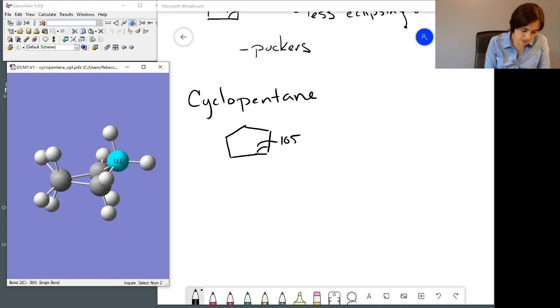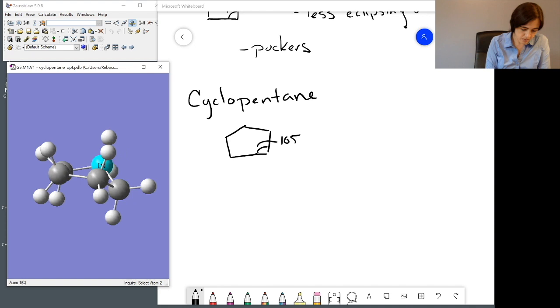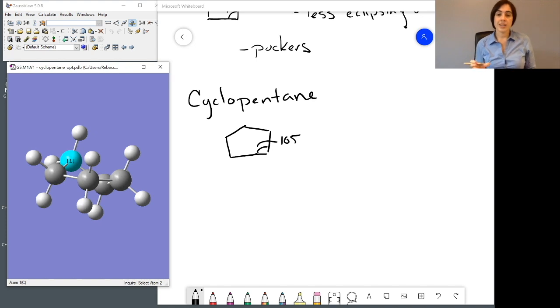And you can see here that if we look down any of the bonds, the hydrogens are no longer eclipsing on any of our bonds. So none of these end up being eclipsed. So it again takes a slight hit on bond angle in order to relieve the torsional strain of the eclipsing hydrogens.